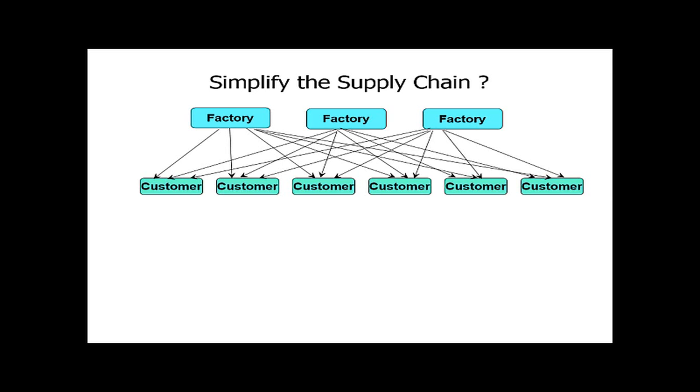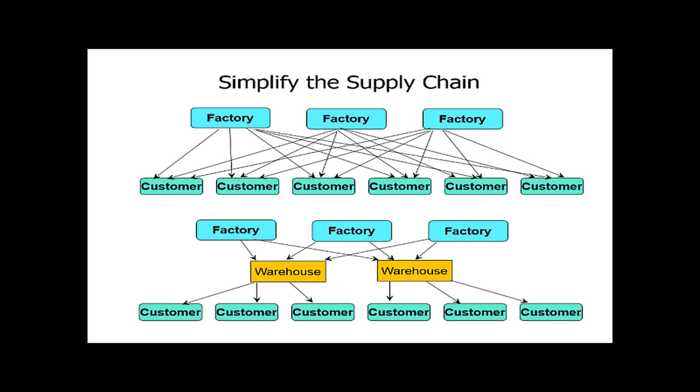So that's quite complex. So we could consider simplifying that, and you can see why businesses start to put in extra tiers in their network, because it makes sense. In this example, if you have a warehouse, the warehouse is communicating with three customers rather than three factories communicating with six customers.